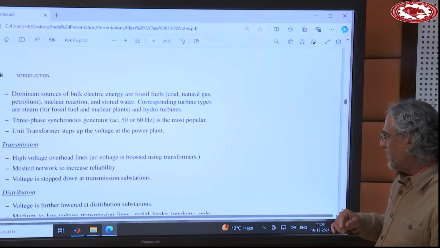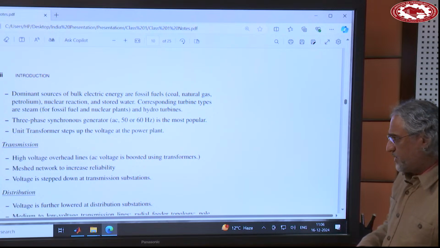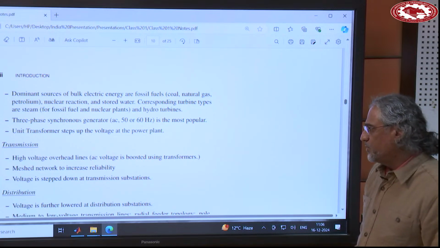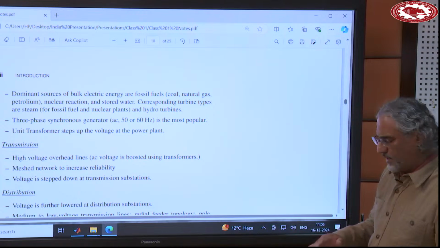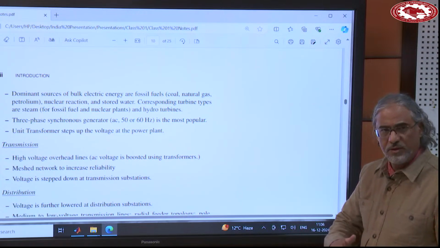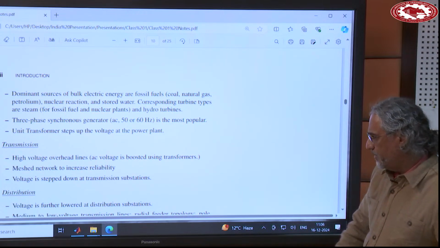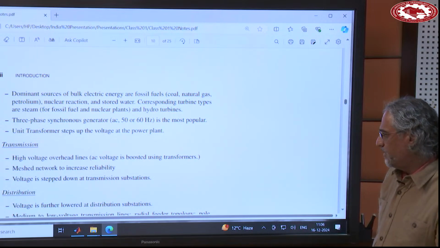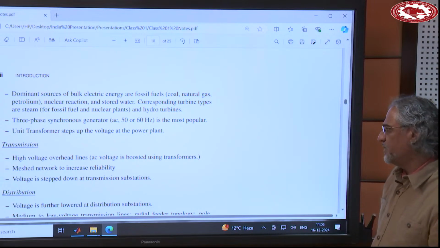Transmission system is a meshed network to increase reliability, so the power is not transmitted only through one direction, one line. It will be multiple lines that can lead the power to any particular destination.